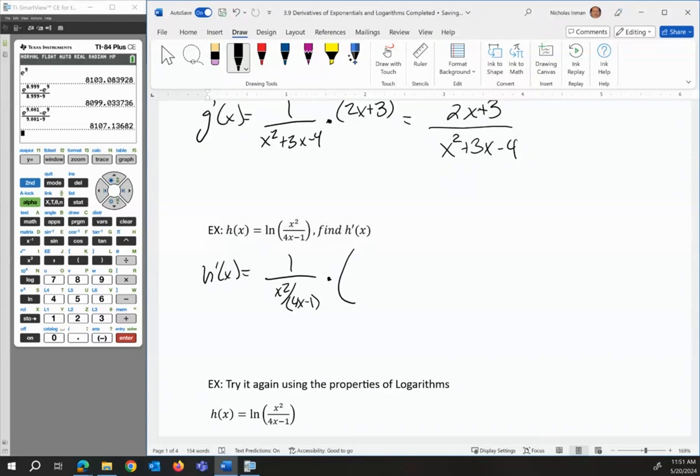The derivative of the top times the bottom left alone minus the derivative of the bottom times the top left alone, over the bottom squared. All right, this is a mess. So what we could do is same change flip for this first one. Keep the one the same, change to times, flip this.